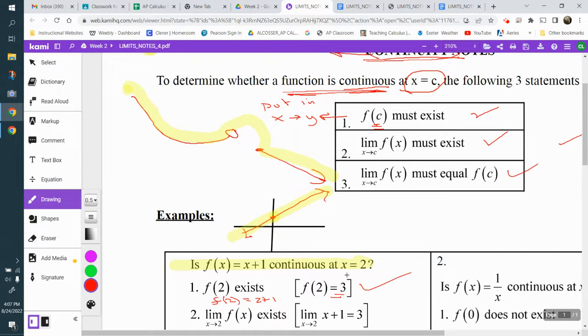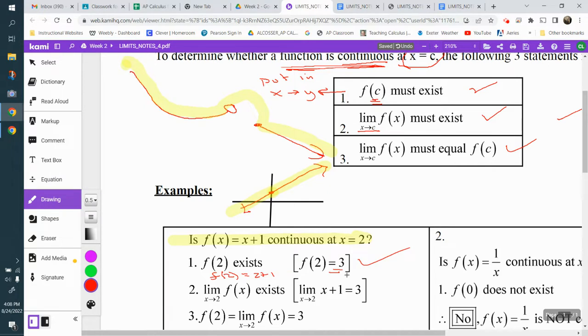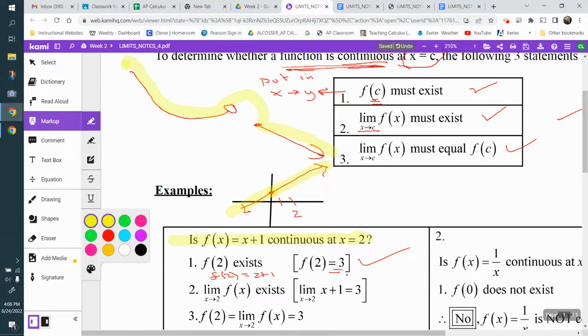Does the limit of the function exist as x approaches c? Well, c here is 2. So if I go over here to this one, and it's 2, I want to know, does this limit exist right there?